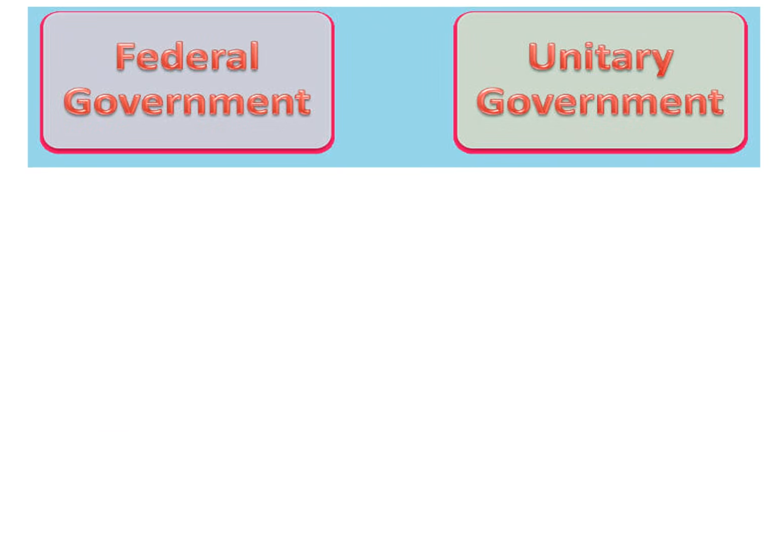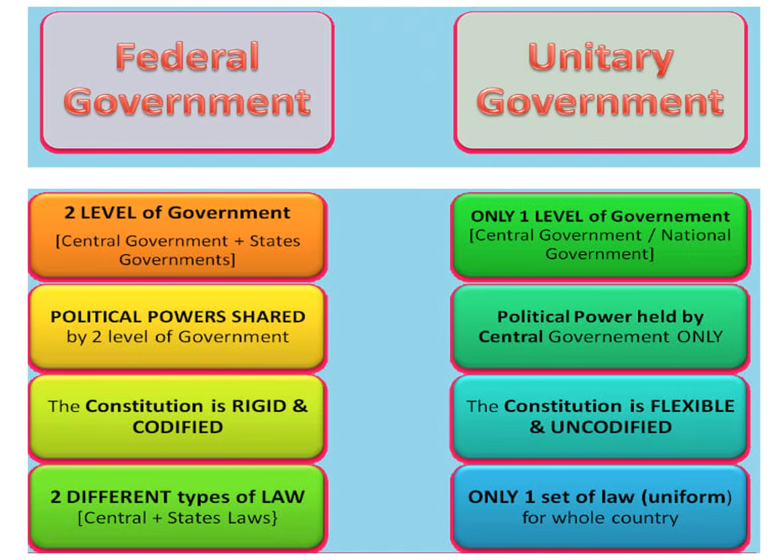Again we will discuss the differences between federal government and unitary government. Here you can see in federal government 2 levels of government are there. In unitary government only 1 level of government is there. In federal, political power is shared between the central and the state, but in unitary, political power is held by the central government only.